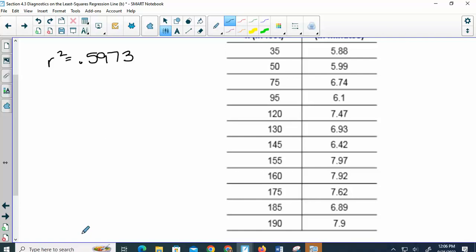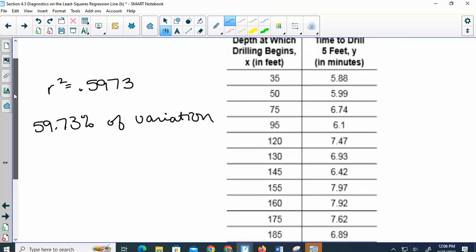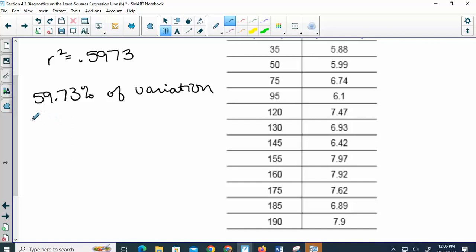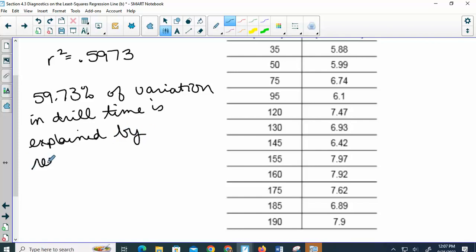So what this means, it's telling us the proportion of variation. If I had to explain this, I could say 59.73% of the variation in Y, which was the drill time, is explained by the regression line.